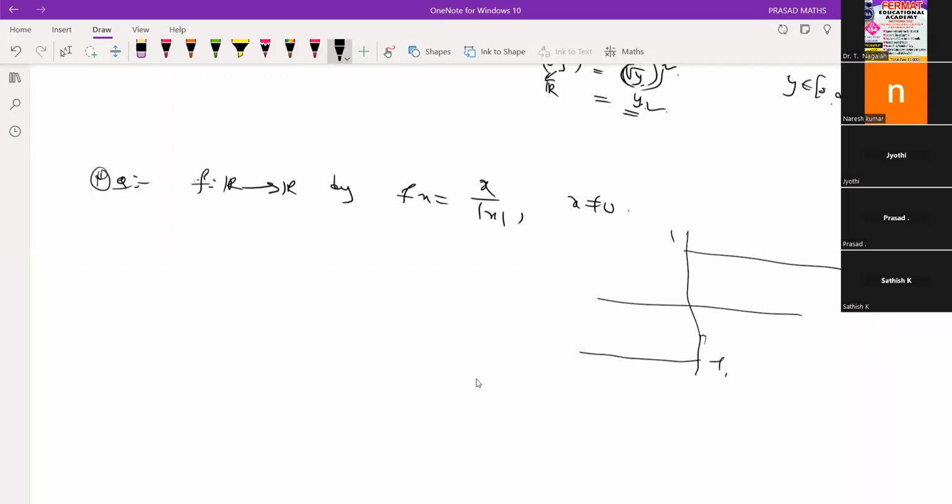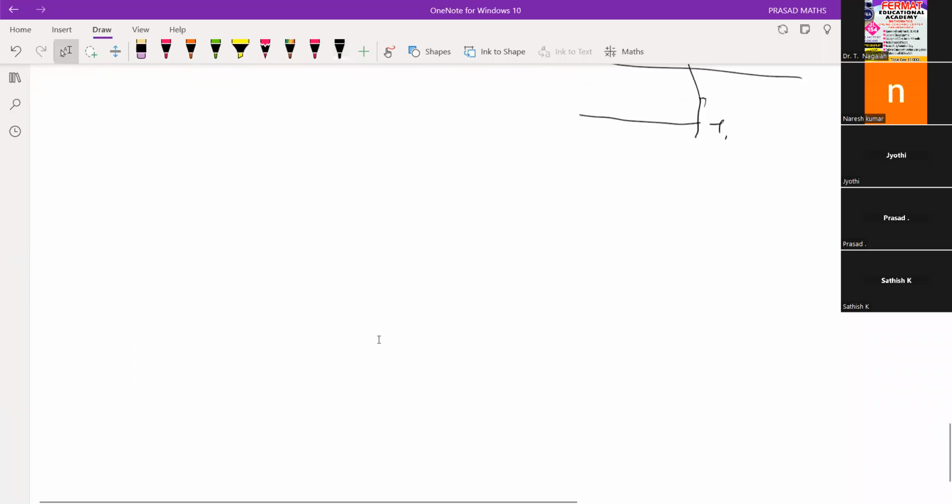Is it one-one first of all? No, right? By drawing a line y equals 1, it meets at infinitely many points, not one-one. Not one-one means automatically not bijection.